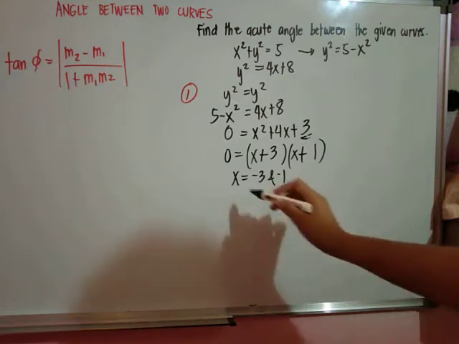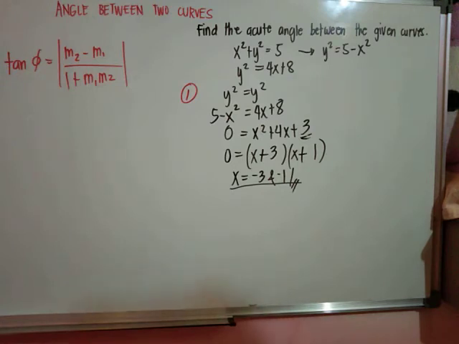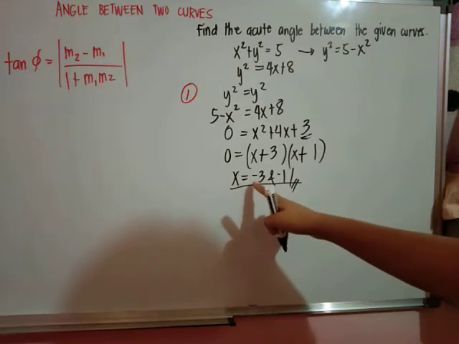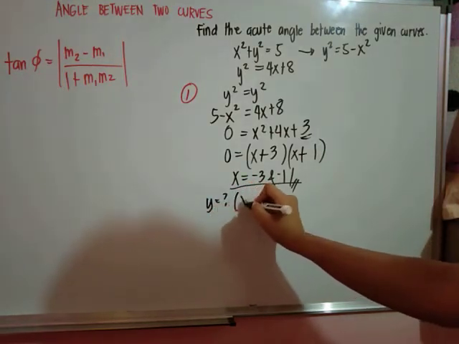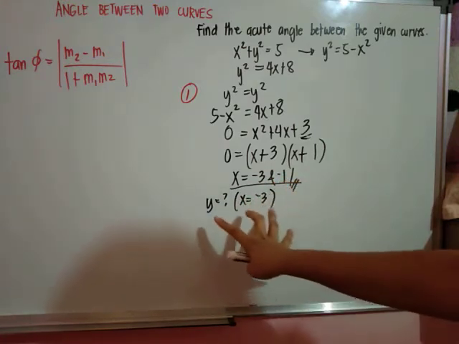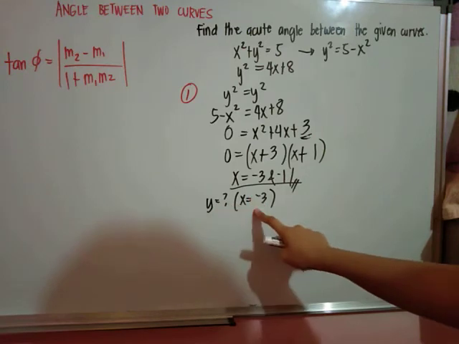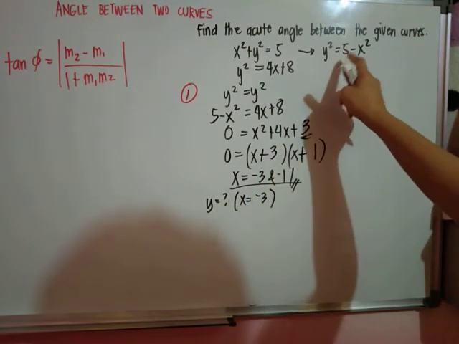So, ibig sabihin, meron tayong dalawang point of intersection. So, una, kunin natin yung magiging value ni y kapag si x ay negative 3. So, ang gagawin ko lang, yung x na negative 3, isa-substitute ko dito sa equation na to.